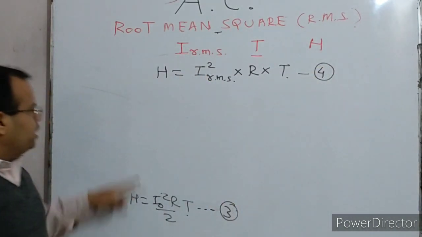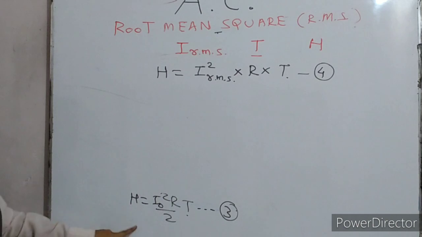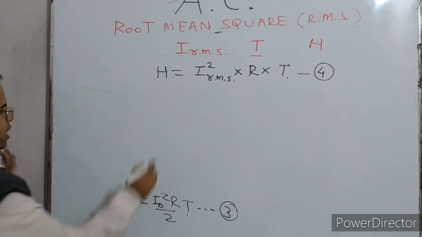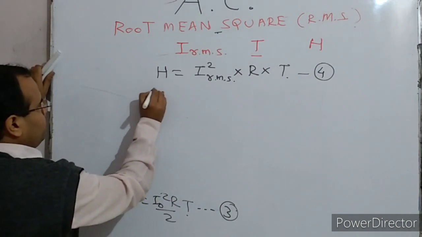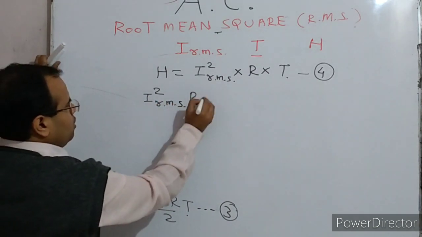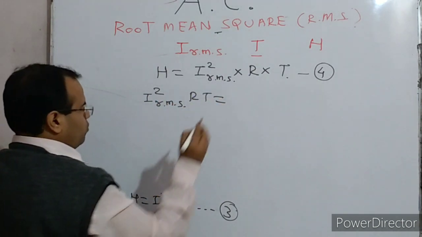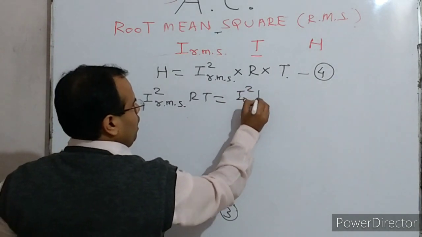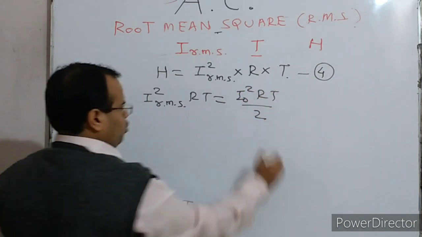Now both these heats are equal, so you can equate them. You will get I square RMS R T is equal to I naught square R T by 2.